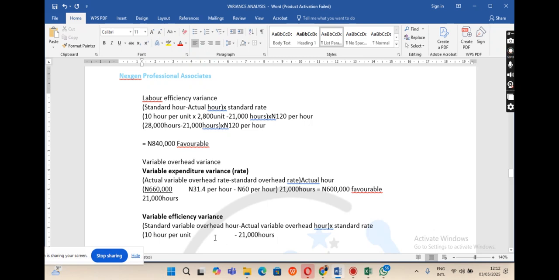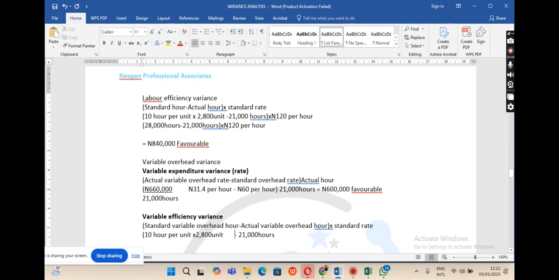Your standard will have an element of actual, so we say times 2,800, which is the unit. You can put it in your own formula: standard hours per unit times the actual unit, minus the actual variable overhead hour. If the actual variable overhead hour is not given, use your labor hours and you move on.